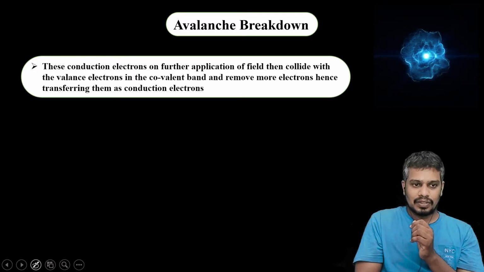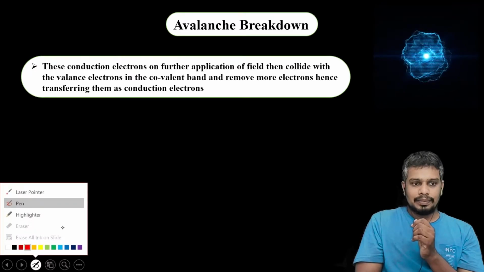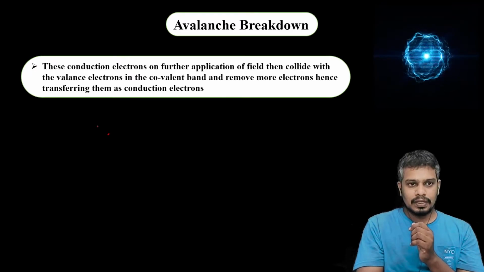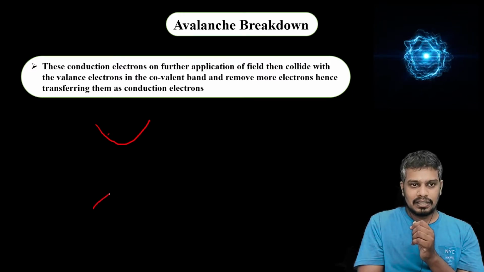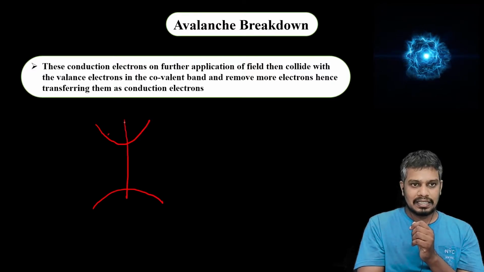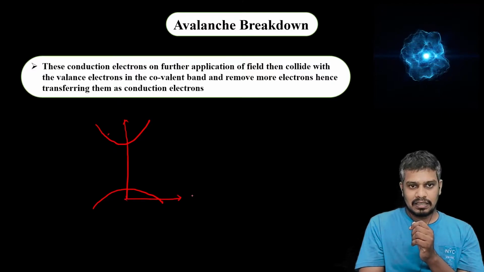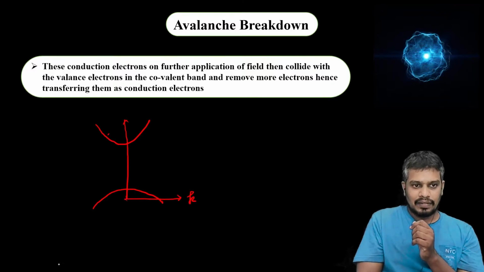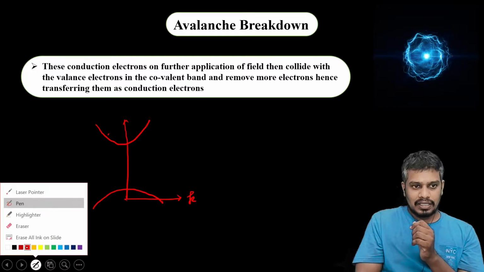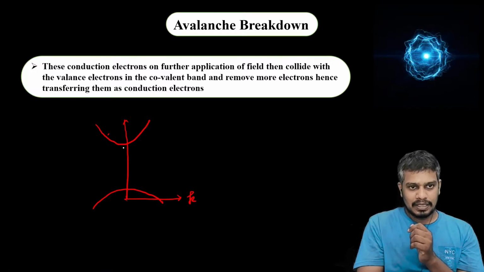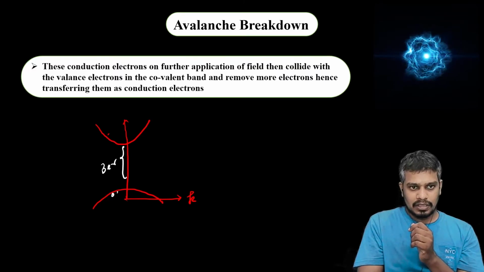Suppose you want to draw the diagram: this is the conduction band, this is the valence band. The Y-axis represents the energy axis, the X-axis represents the wave vector axis. Here the energy gap is approximately 3 electron volts. The electrons are sitting in the valence band.